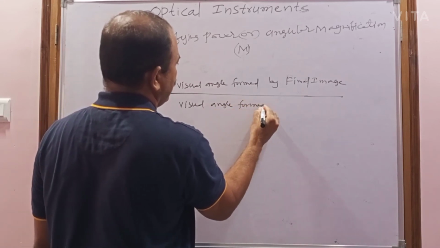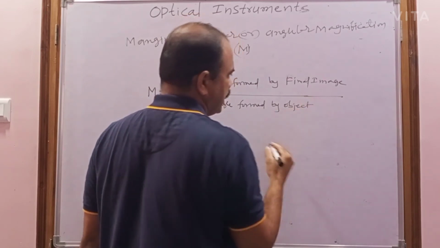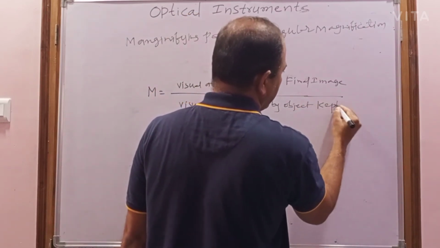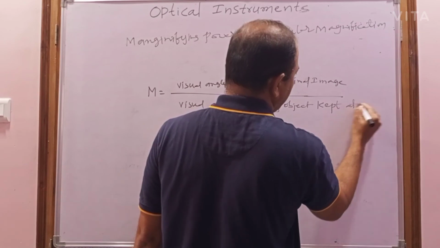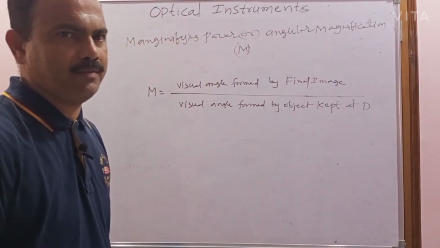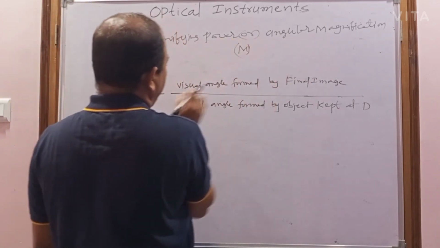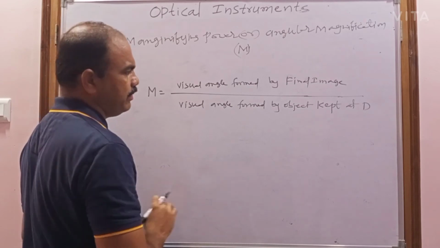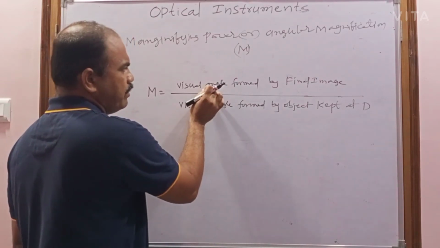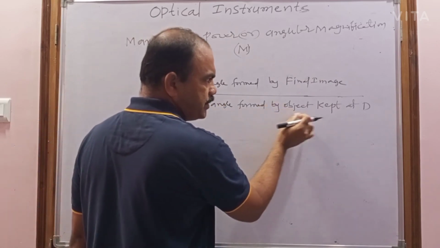Nothing but the magnifying power or angular magnification is defined as the ratio of the visual angle formed by the final image to the visual angle formed by the object kept at D.